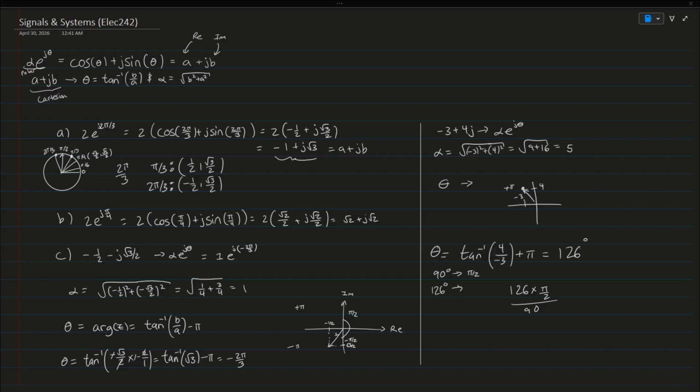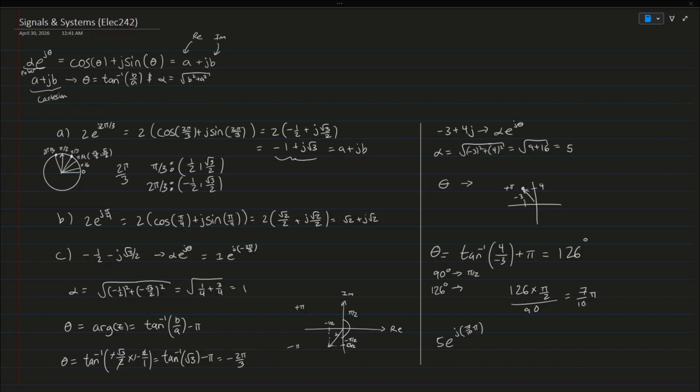So it's 63 pi divided by 90. We get 0.7 pi, which is 7 over 10 pi. Okay. It's a bit of a weird number, but it's possible. And so the answer is going to be 5e to the j 7 over 10 pi.